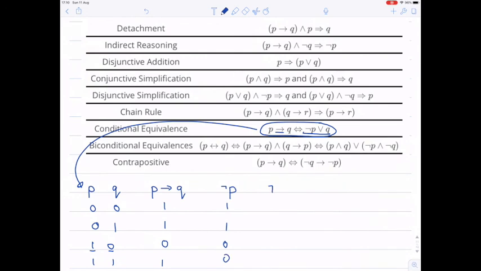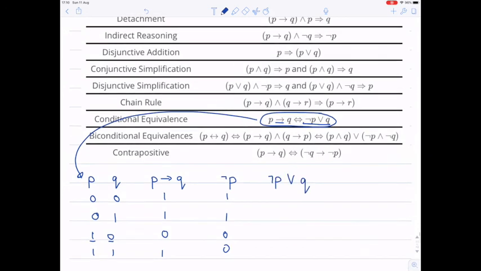And we want not P or Q. So to work out not P or Q, we're using not P and our Q column. And remember, if we've got an or, we could rewrite this. It's the same as saying Q or not P. So we can use this as our first column and this as our second column.